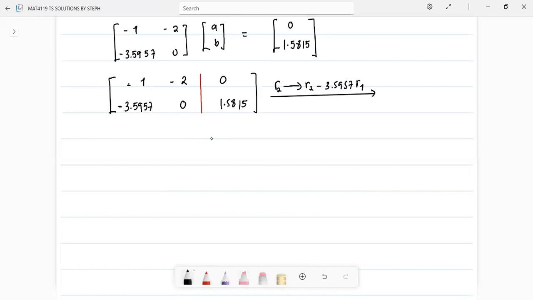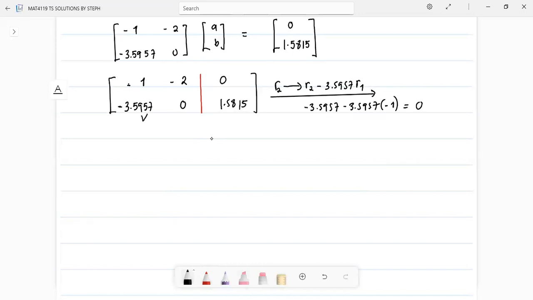If you plug in, you notice that row 2 is negative 3.5957 minus 3.5957 times the row 1 value, which is negative 1. This will be positive. So negative and positive with the same magnitude definitely give you 0.